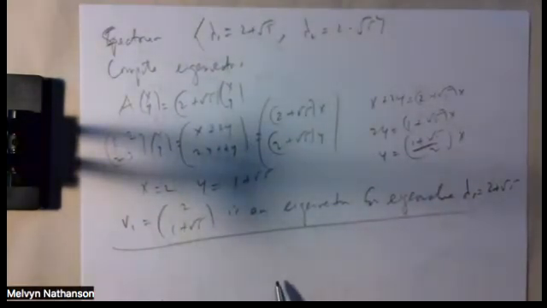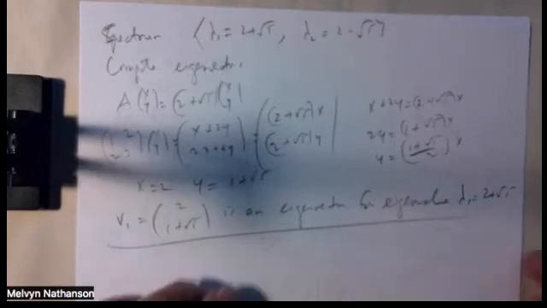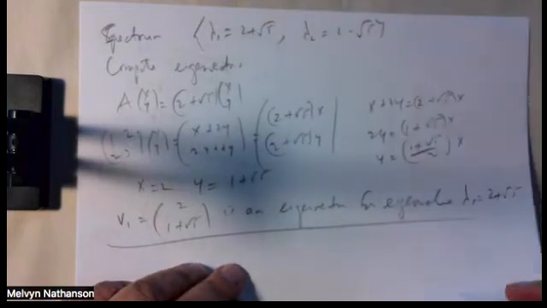And you can compute an eigenvector for the second eigenvalue, 2 minus root 5, in a similar way. Questions about this?